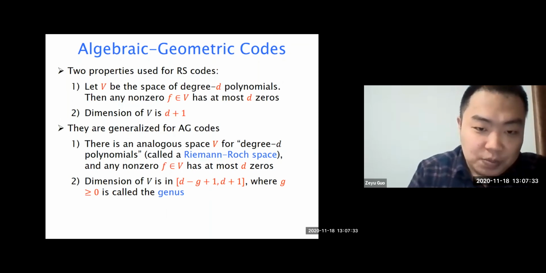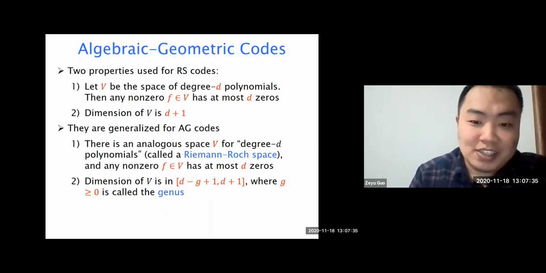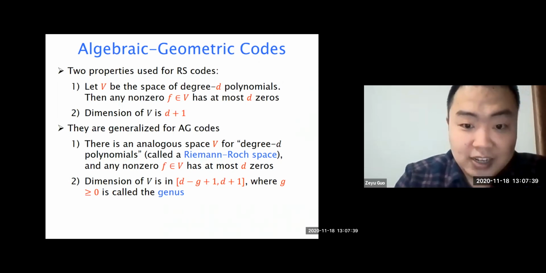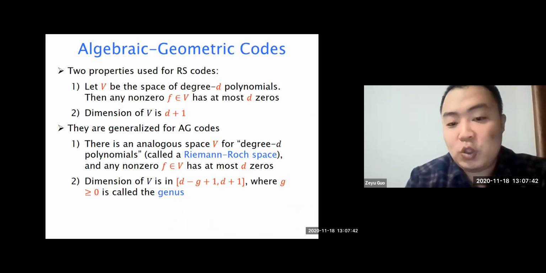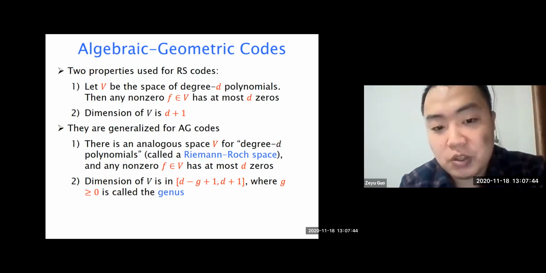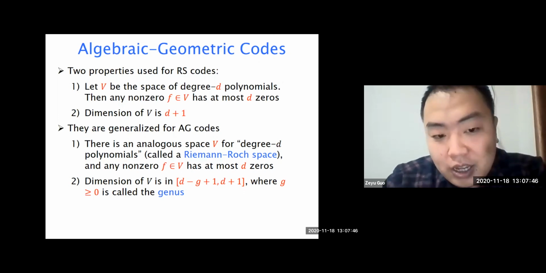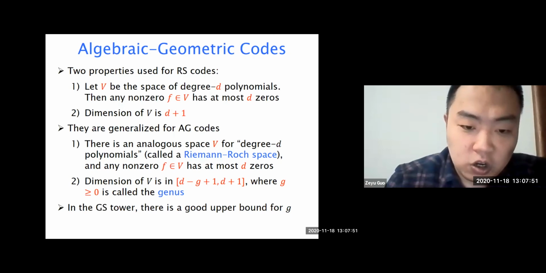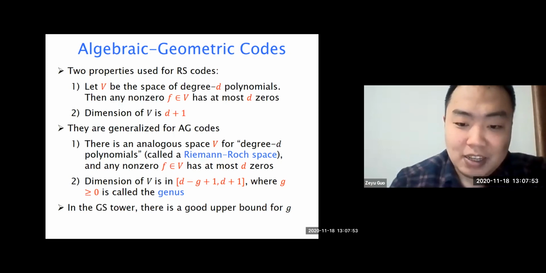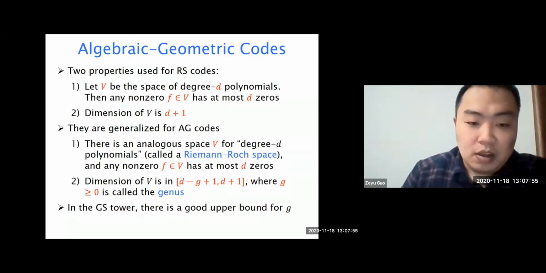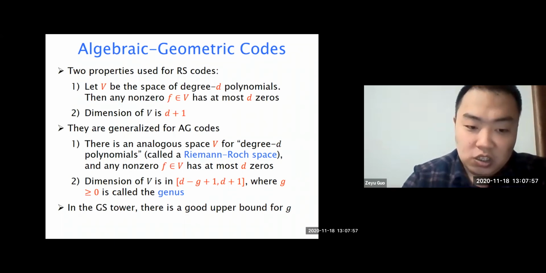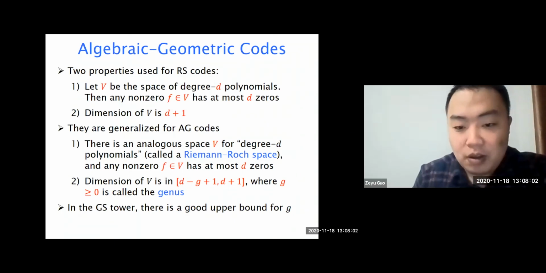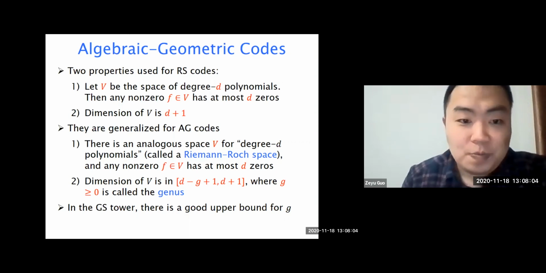Because this property is weaker, if you do the same analysis, this g introduces an error term. Therefore, we don't want g to be too large, otherwise the AG codes are not useful. Fortunately, it can be shown that there exist explicit algebraic curves where we have a good upper bound for g, in particular the Garcia-Stichtenoth tower.